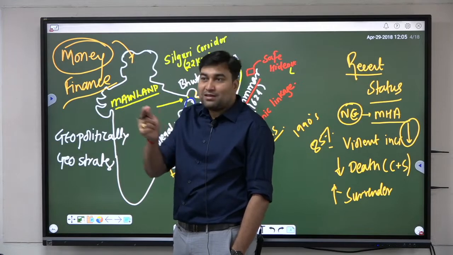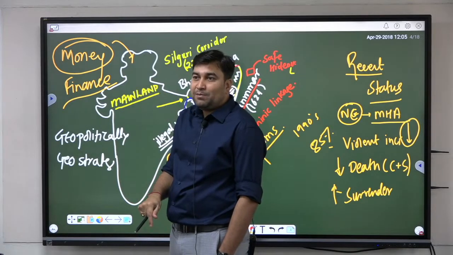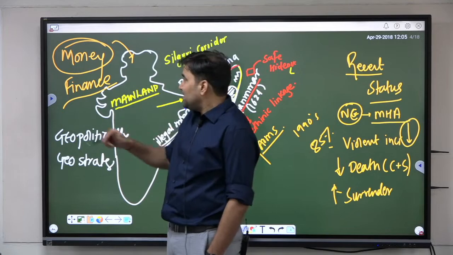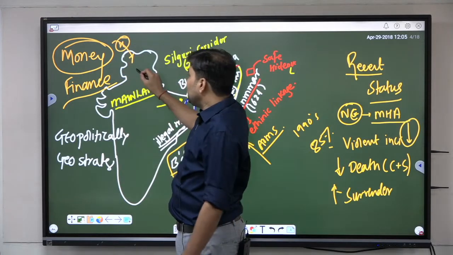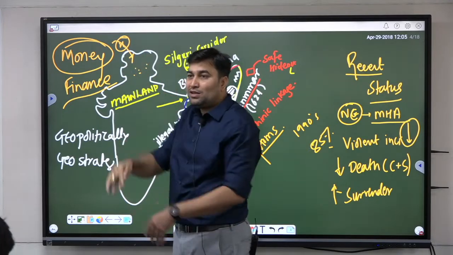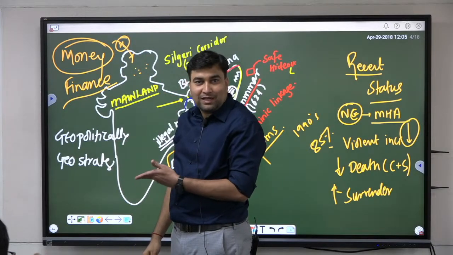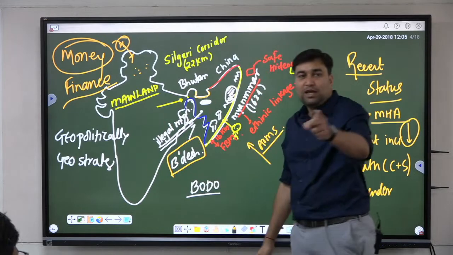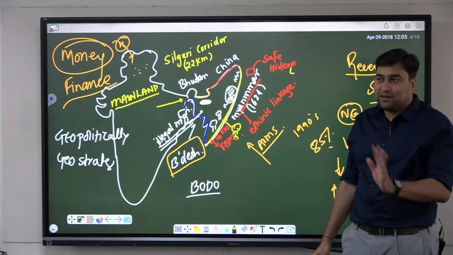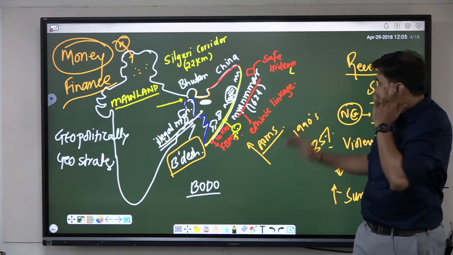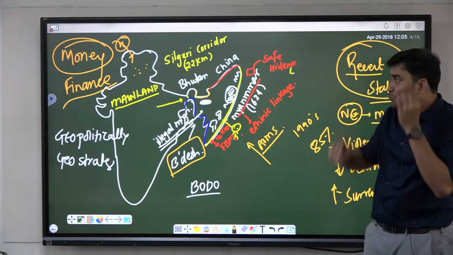That is why stone pelting happens. Just imagine if this organization did not have any money to pay people for throwing one stone, who would do it? Getting that? For everything you need money. If you are able to curb the finance, you will be able to win the war against terrorism. So this is the recent status and what needs to be done.